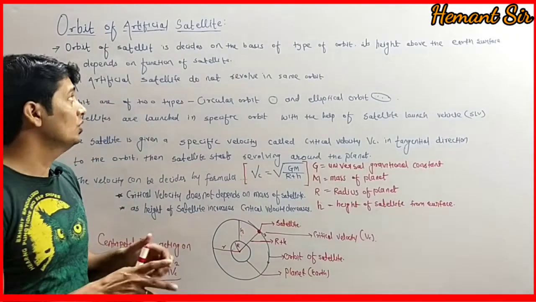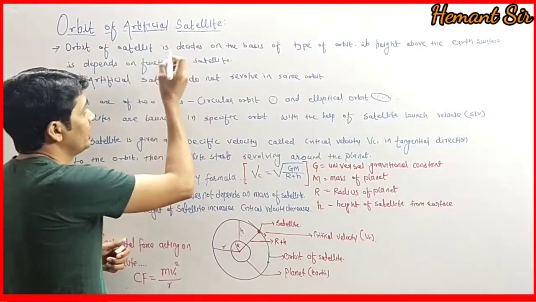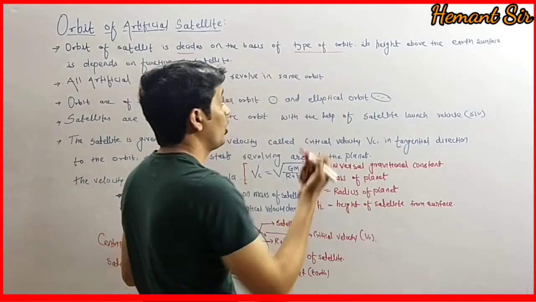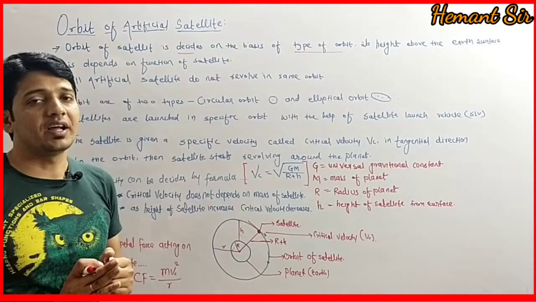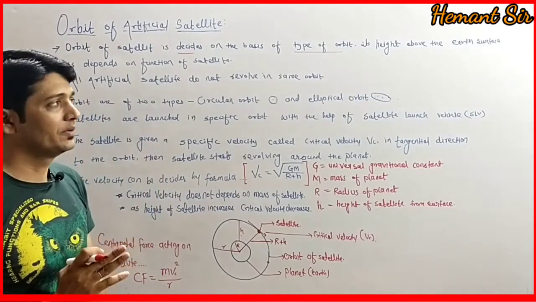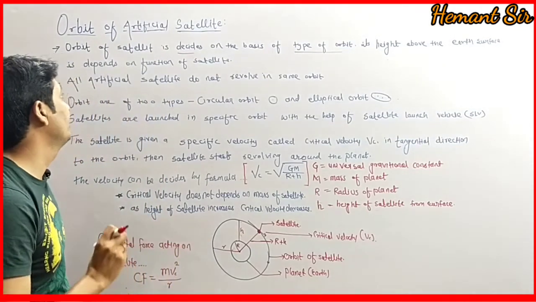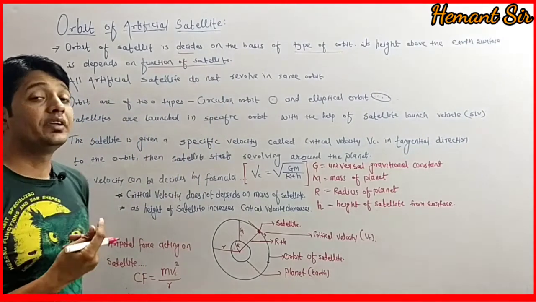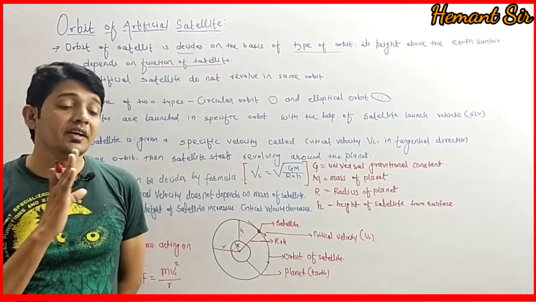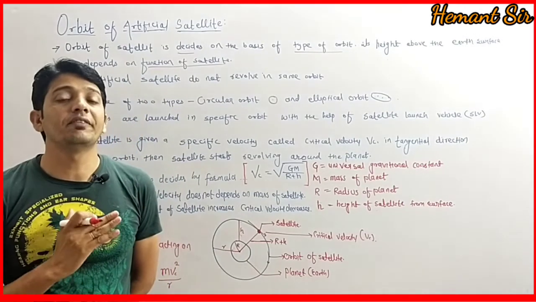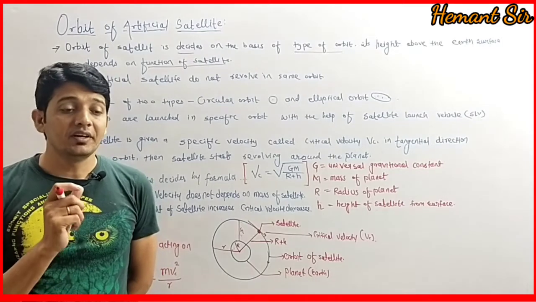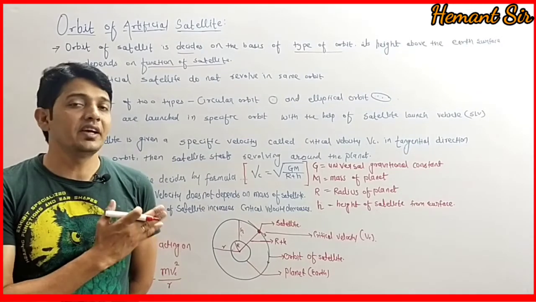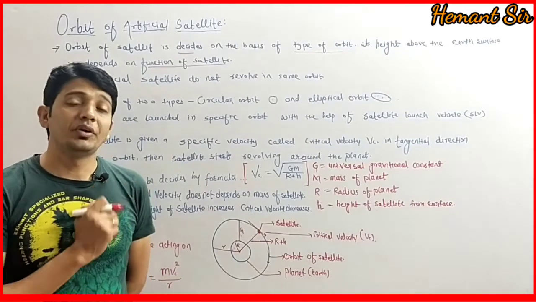So the orbit of a satellite is decided on the basis of the type of orbit. किस टाइप का ऑर्बिट है, उसको किस टाइप का फंक्शन परफॉर्म करना है, that decides its orbit. Okay, the height above the earth surface depends on the function of the satellite. Like if we talk about a weather satellite, the distance of the weather satellite from the earth surface will be different. If we talk about a communication satellite, the height of a communication satellite will be different as compared to the weather satellite.